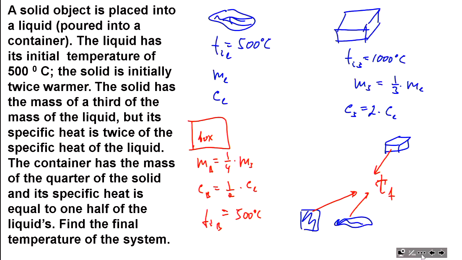And now we just have to write the amount of heat we need to associate with each process. And the equation for each process is the same because it's a temperature change, so it has to be equal to, well, let's call them liquid, the temperature change of the liquid.